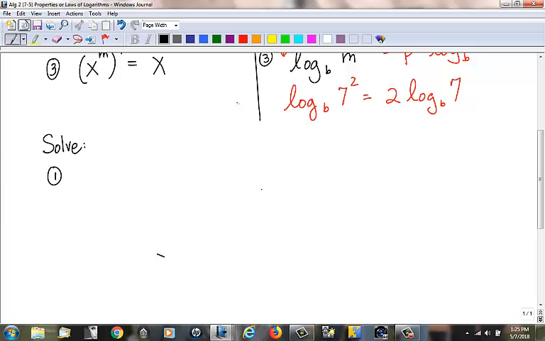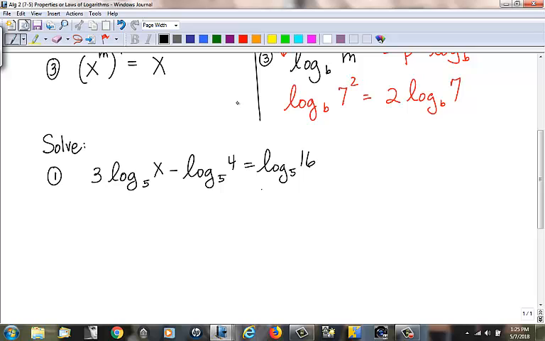First example: if you have 3 log of x base 5, that's a base, so write it as a subscript, minus the log of 4 base 5 equals the log of 16 base 5.